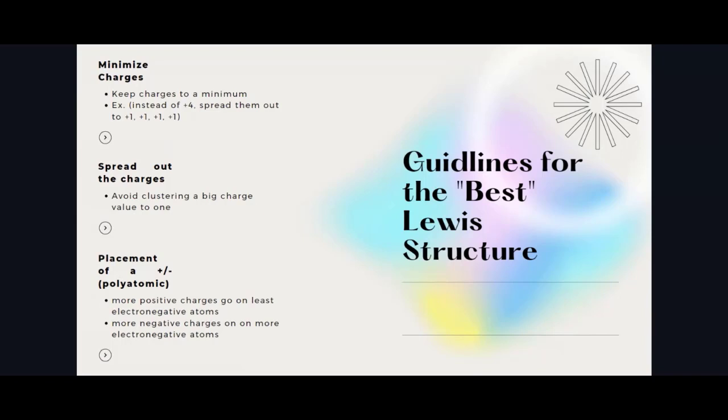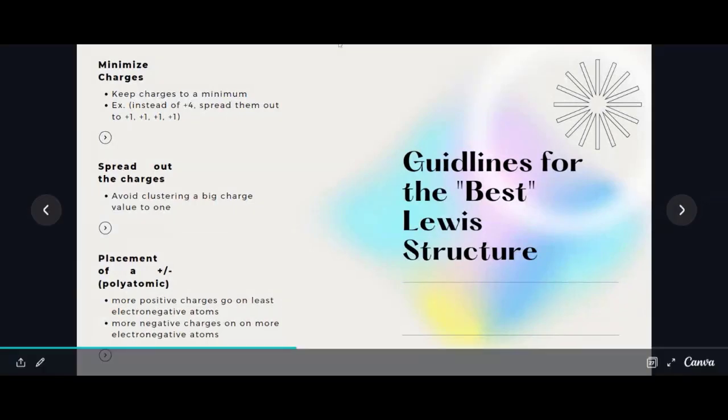That makes sense, because electronegative means they want more electrons, so that's where the negative charge goes, because that's where the electron is. Conversely, a least electronegative atom doesn't really want all those electrons, so it stays positive. Therefore, positive charge goes on the least electronegative.